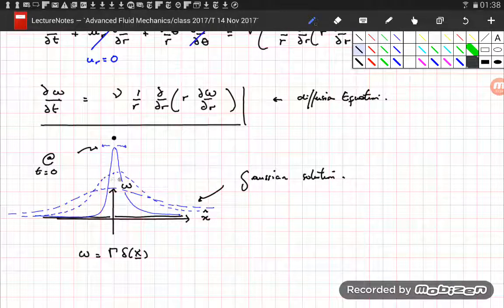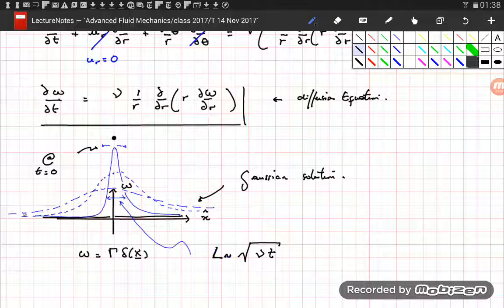The width of this peak is defined by the standard deviation, and that standard deviation, if you've seen it before, for a diffusion problem, this length scale L over which vorticity has diffused scales, and this is very important, with the square root of mu, the kinematic viscosity, times the time.